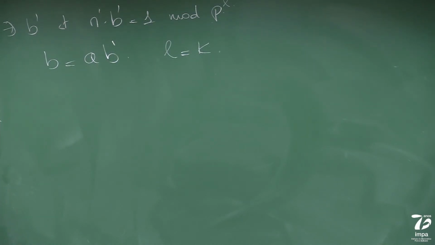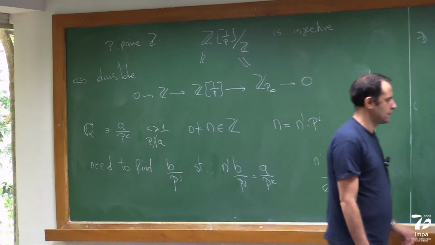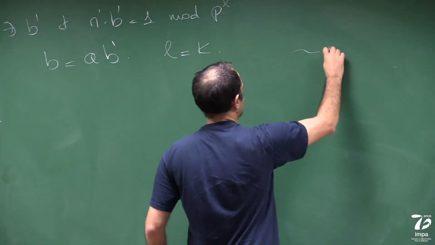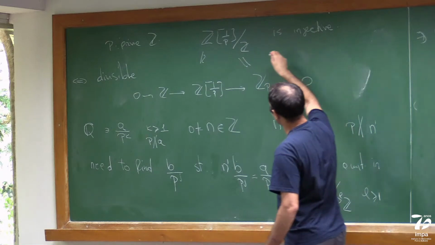So if you take, therefore, n prime times b prime times a, that is congruent to a modulo p to the l, which is p to the k, which is what I want. So that's more or less the statement that these guys are injective.